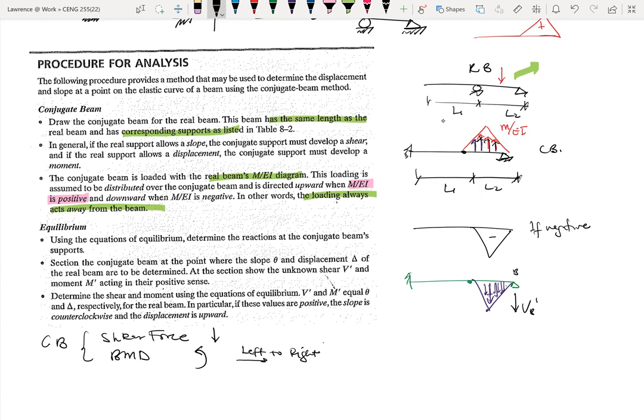And if we get a positive value, then it means that our slope is counterclockwise. So if our shear force at any point is positive, then our slope is counterclockwise. Then if our moment is also positive, then our displacement is also upwards.